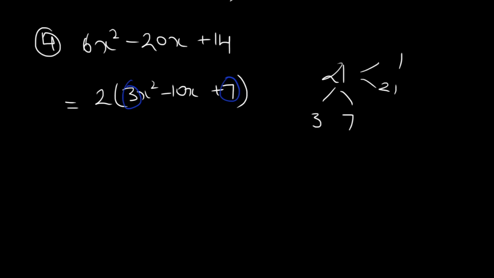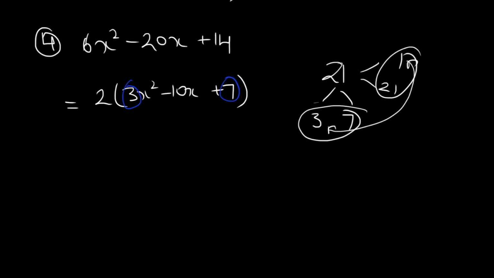Now, it's important to note that in this method, we can't just pick any 2 random factors. Like, we couldn't really use 3 and 1, for example. We have to use one of these pairs, either 1 and 21 or 3 and 7. That's something that I didn't really emphasize at the beginning, but you have to factorize it into pairs, essentially looking for 2 pairs that multiply to give you 21, but add or subtract to give you 10. So you can't just use any random factors.